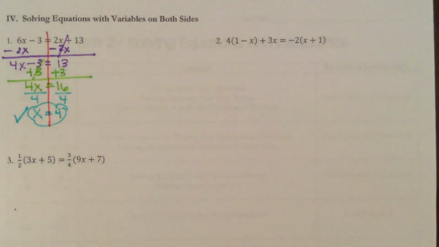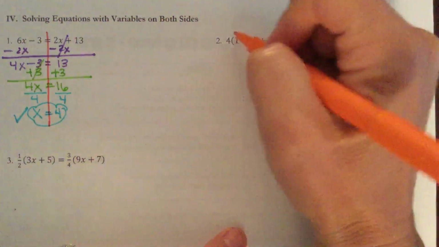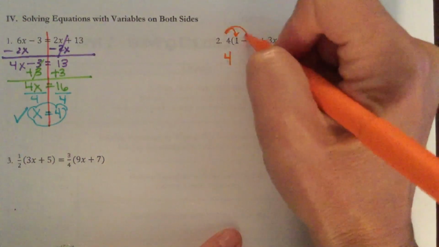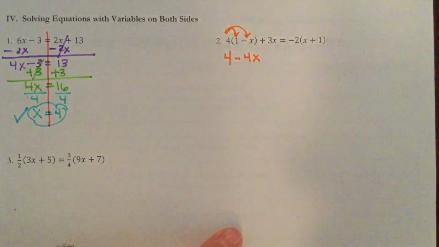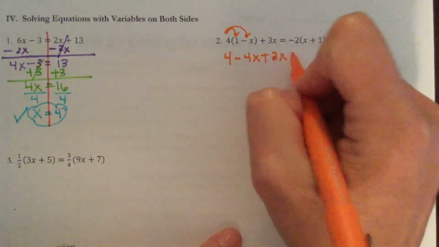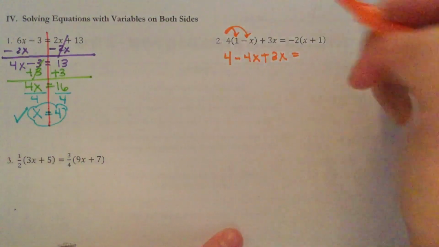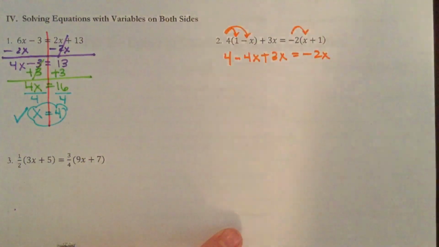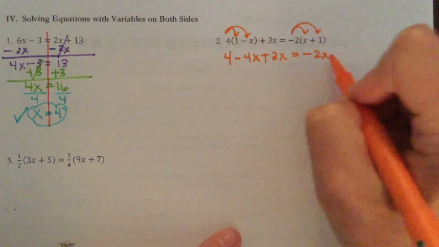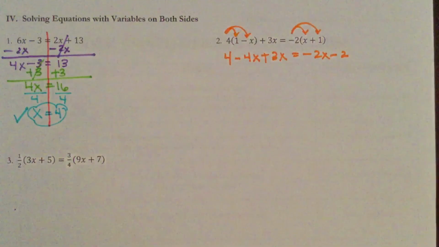Number 2, step 1 says that we want to distribute. If I distribute this 4 into my parentheses, 4 times 1 is 4, and 4 times -x gives me -4x. I hold the 3x. Over here, we need to distribute a -2. -2 times x is -2x, and -2 times 1 is -2.